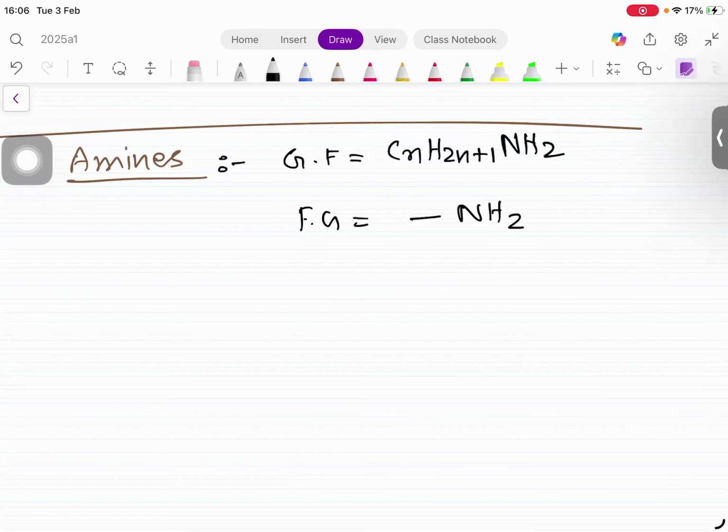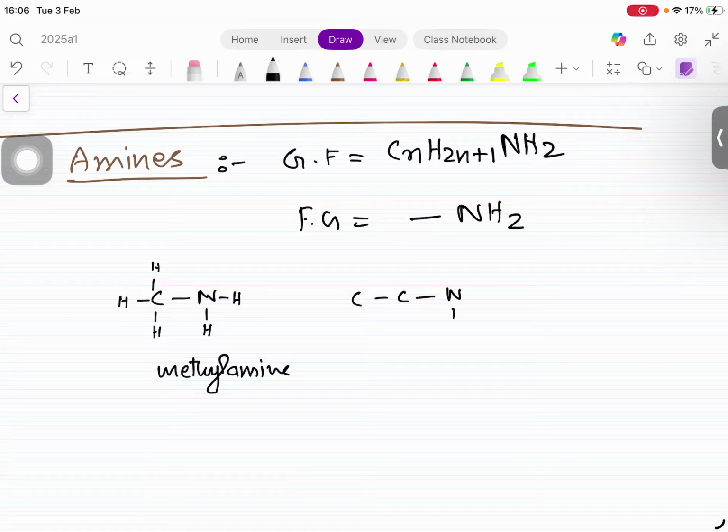NH2 is the functional group for amine. So the first member is with one carbon like this. So you call it methylamine. There are two carbons and then NH2. What do you call it? Ethylamine.